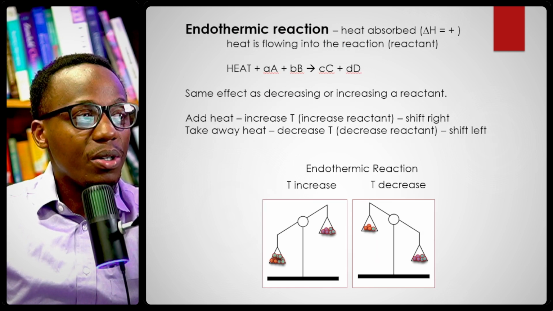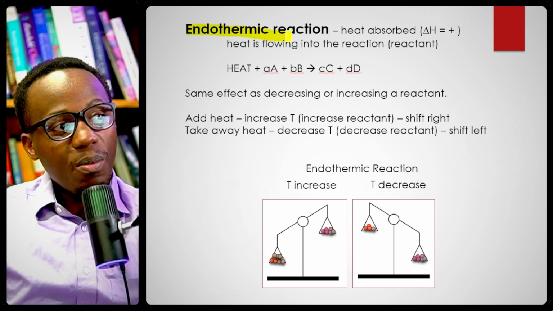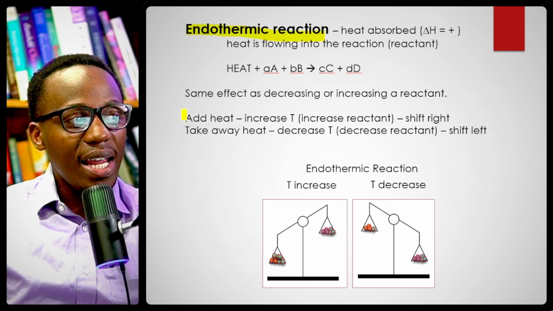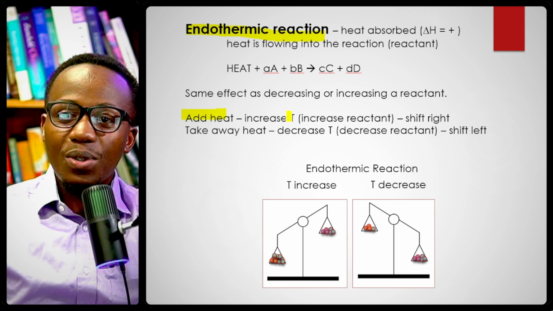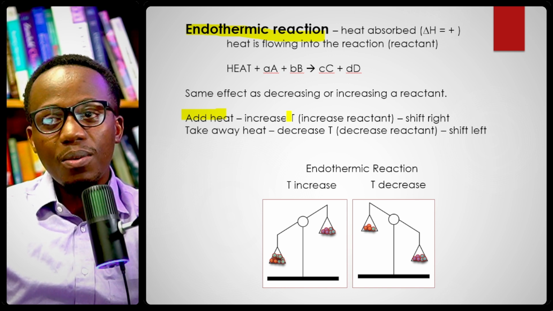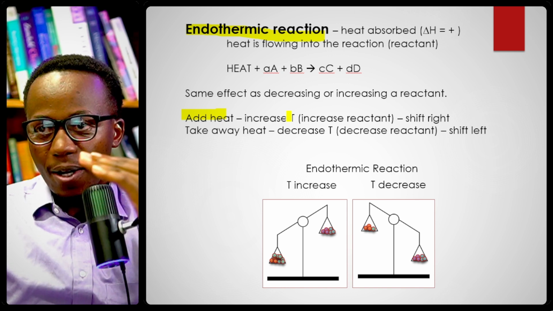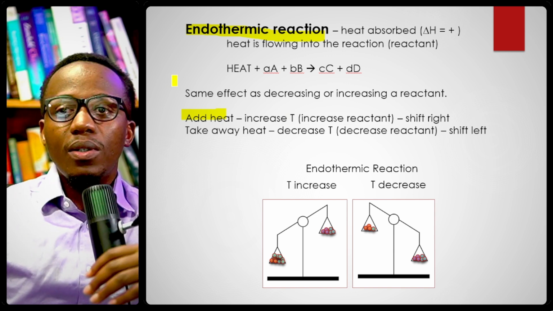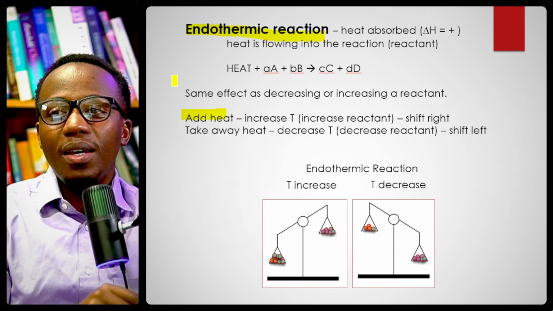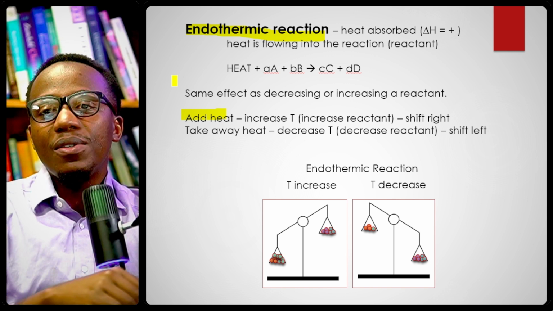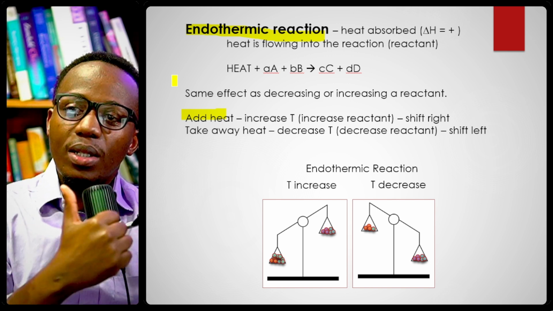But that's the exothermic reaction. An endothermic reaction is going to be the opposite. If you add heat, it's going to shift to the right. My camera is flipped, but yeah, it's going to shift to the right that way.